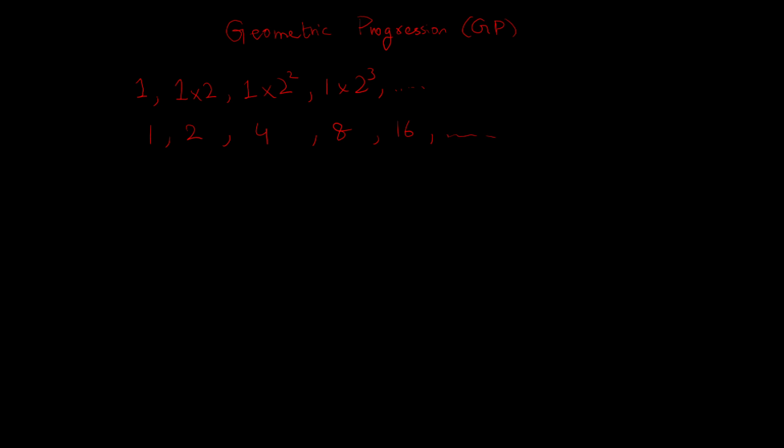You can recognize this type of sequence if you can see a specific number multiplied with each term. And it's different than AP where you have a number which is added in each term, but in this case it's being multiplied. So that is the basic difference.